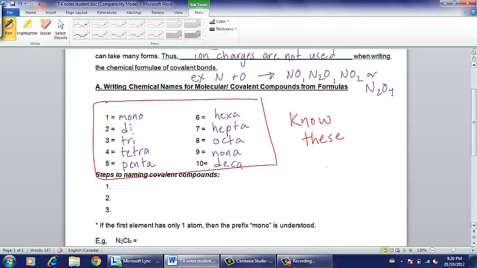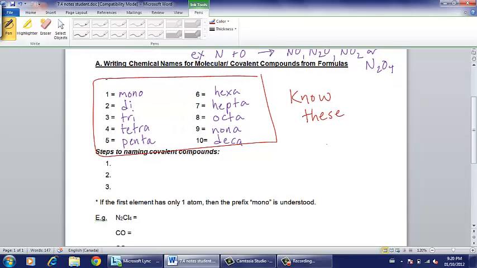The steps to follow when you're naming covalent compounds are: first, you have to check and make sure that both elements are nonmetals.